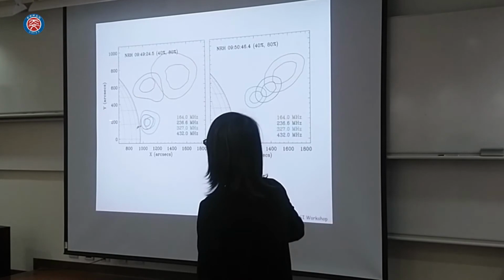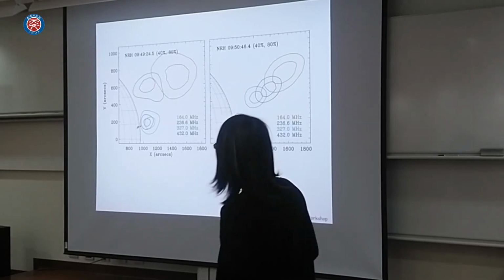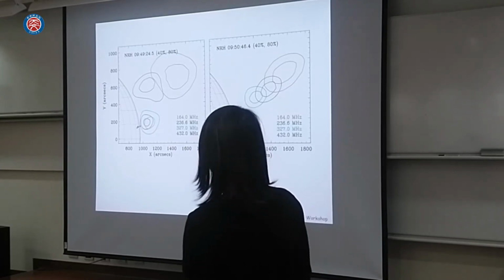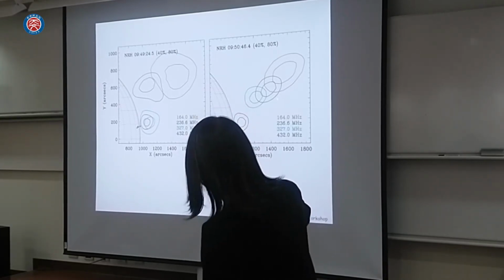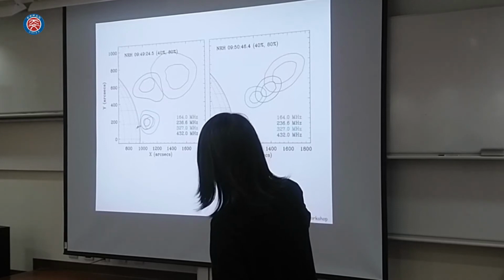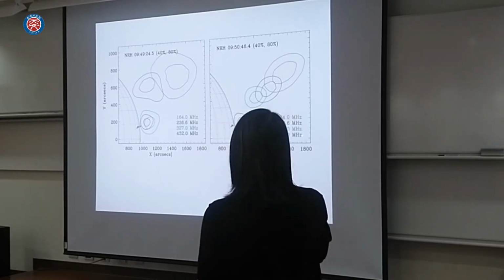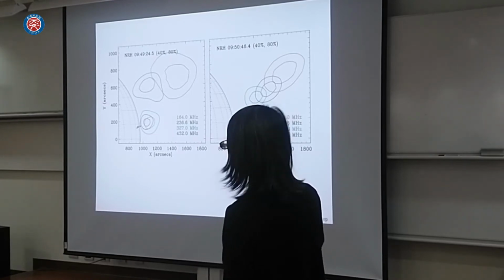Now we can focus on the upper part. It seems like there is a feature. You can see the different contours correspond to different frequencies of radio emission.